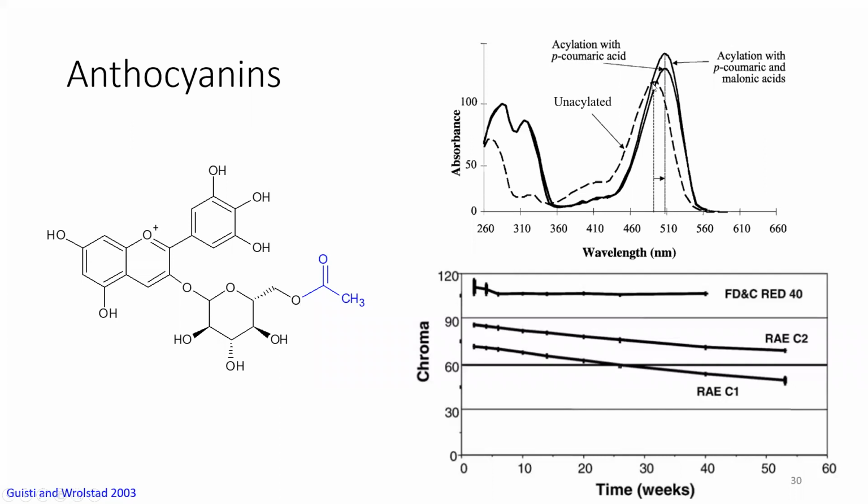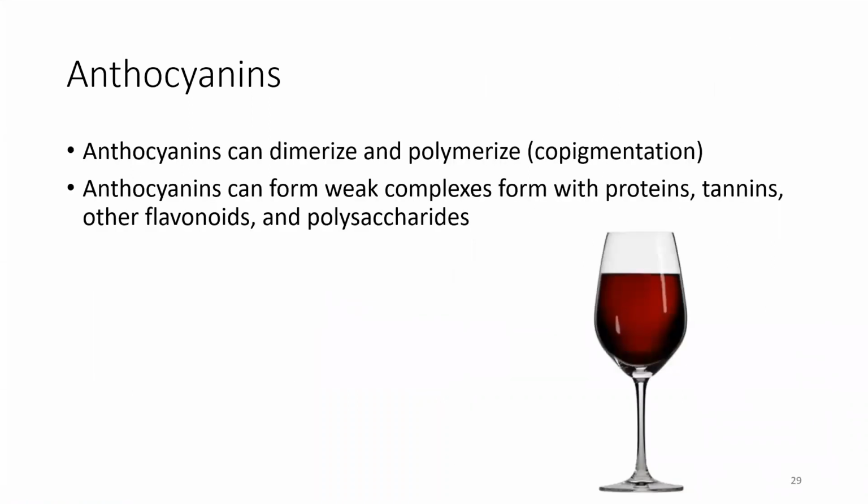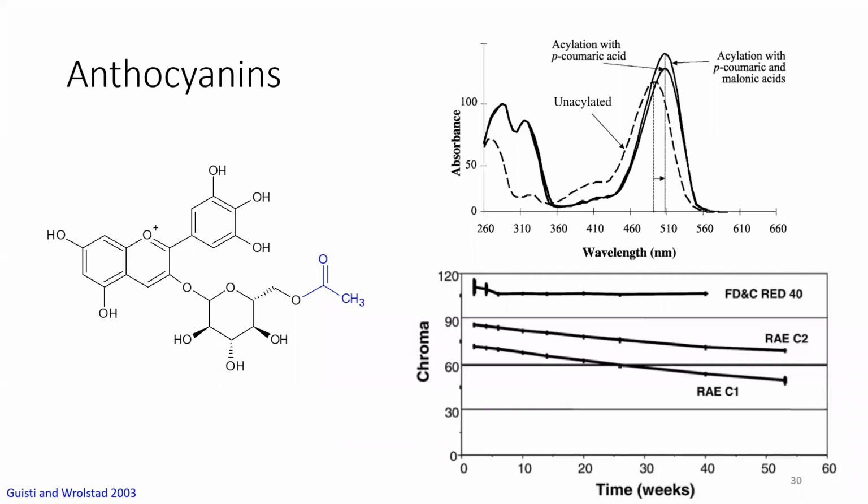And this is how intense the color is. But when they are acylated with these different organic acids, you see a shift in the max absorbance, which means that the color that you see is a little bit different, but it is more intense. So the color is deeper, shifted a little bit, not totally unlike this shift here, but probably a little less of a shift. Okay, but there's more color.